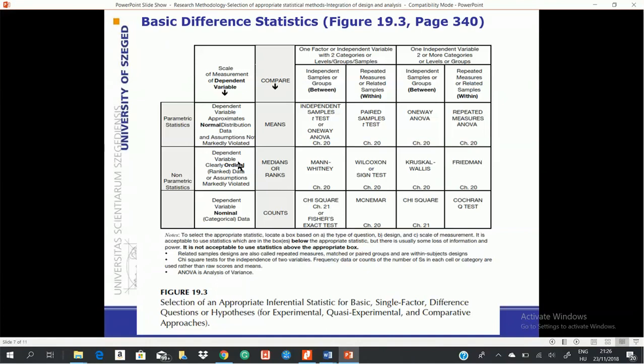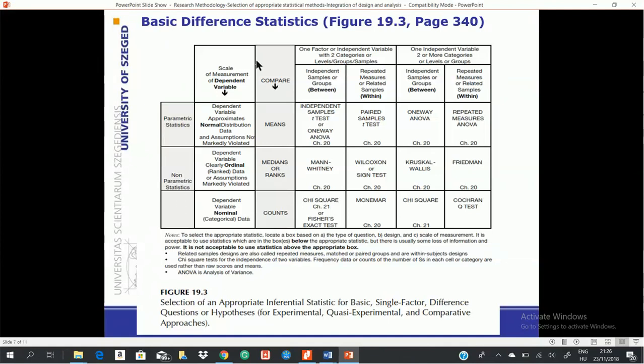But if you have an ordinal or nominal scale, you don't do parametric statistics; you just do non-parametric statistics. So the scale of data is very important before choosing parametric or non-parametric statistics.